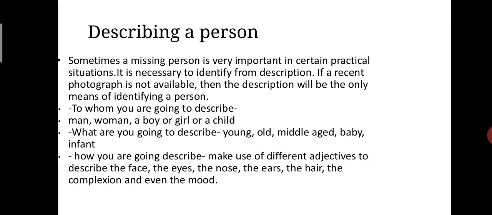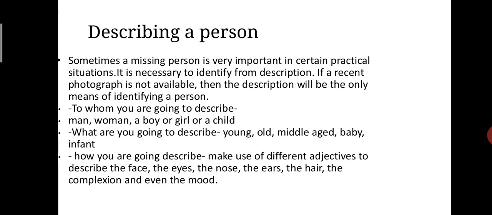So it is necessary to identify from description. If a recent photograph is not available, then the description will be the only means of identifying a person. It means description is an important part for identifying a person, whether he is missing or not identified properly.